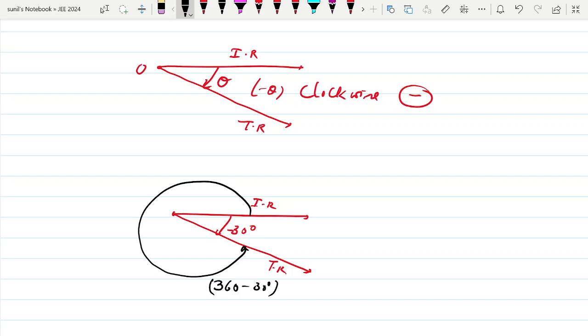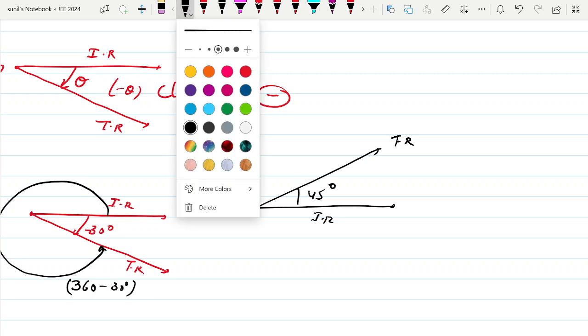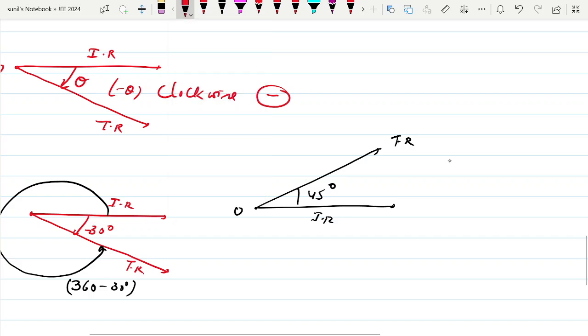You can see it. Now similarly, suppose this is the vertex, this is the initial ray, and this is the terminal ray, and suppose this angle is 45 degree. Now instead of taking anti-clockwise rotation, if I take clockwise rotation, then can you tell me what is the absolute measure of this angle?